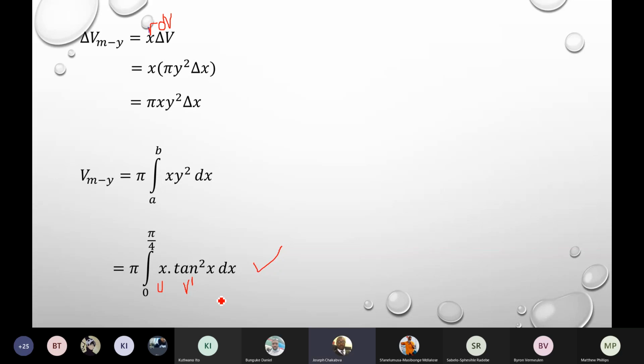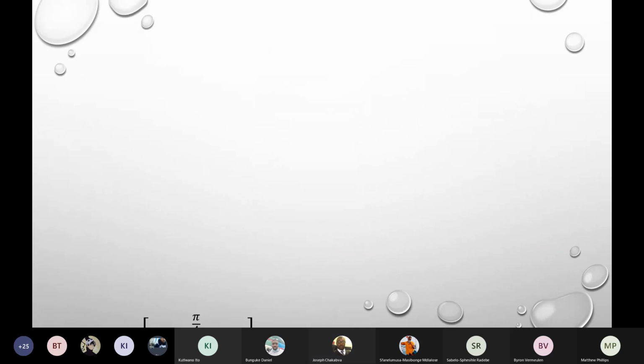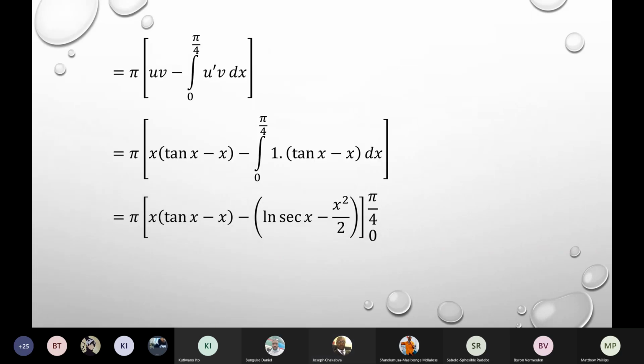So take note of that. Remember that integration by parts has the formula. So I'm going to go to the next slide, which shows the formula. Okay, so just look at that.